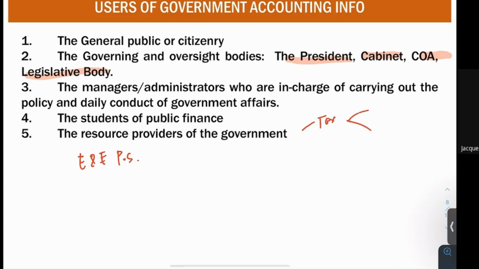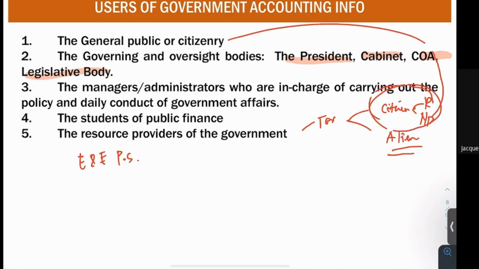But actually, I can say they can be included because taxpayers can be the citizen of the Philippines, whether resident or non-resident, and we have also alien taxpayers. So perhaps the alien taxpayers are also interested in our financial info because this is not within the citizenry. It is within taxpayer only.